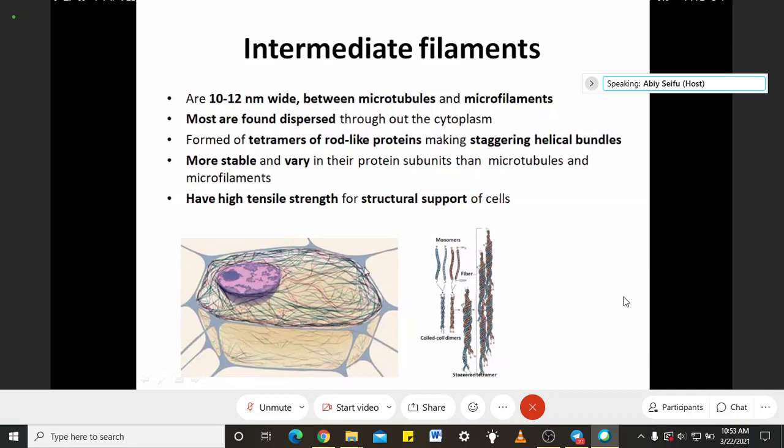So out of the cytoskeletal elements we mentioned, microtubules, microfilaments, intermediate filaments are the strongest. So this type of intermediate filaments are more to be expected in cells that are subjected to tension and friction, like, for example, cells of the epidermis of skin.